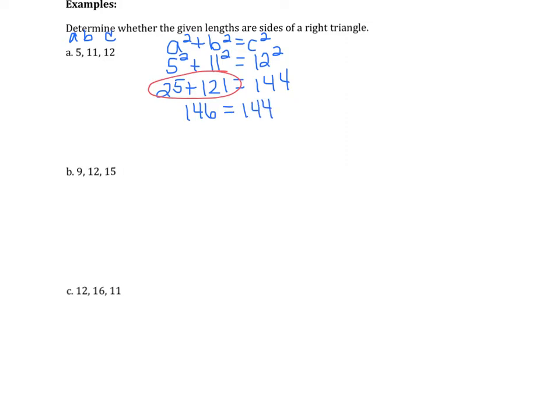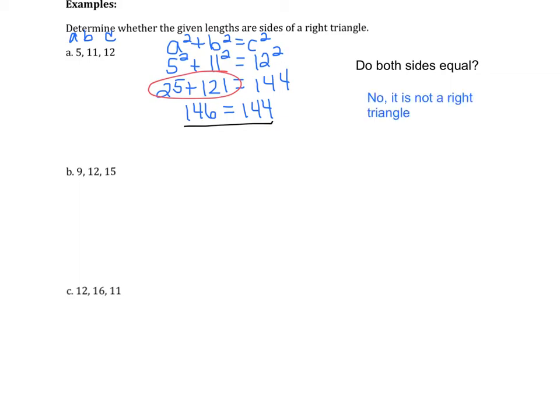So how do we identify whether this is a right triangle? Well, you're going to ask yourself, does 146 equal 144? Do both sides equal? They don't equal in letter A. So therefore, no, it is not a right triangle.